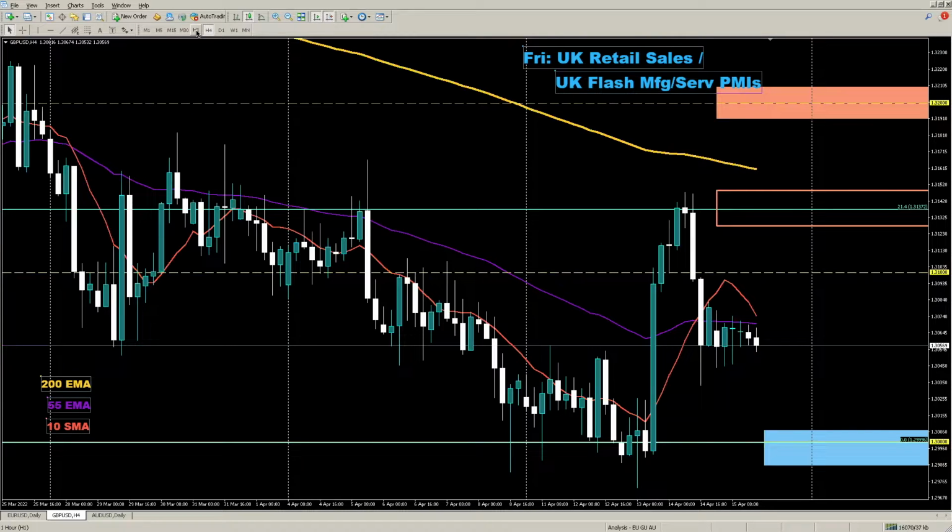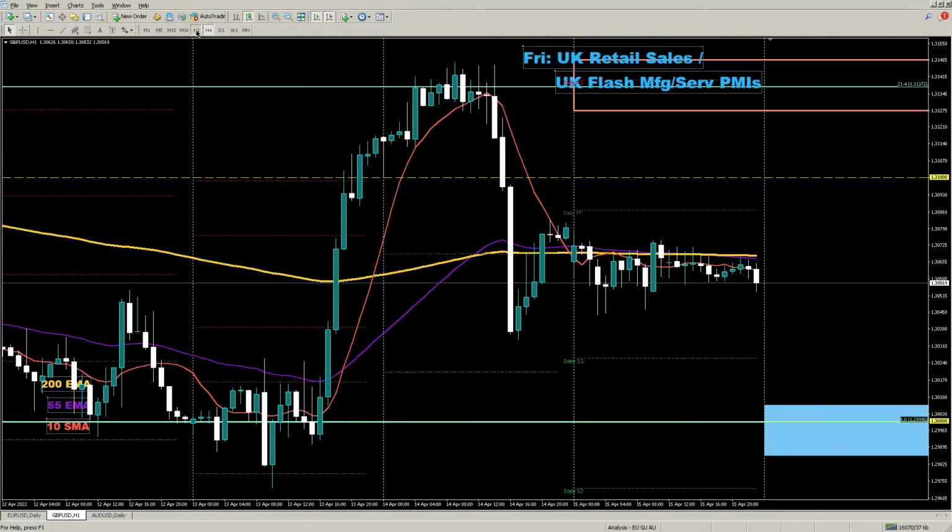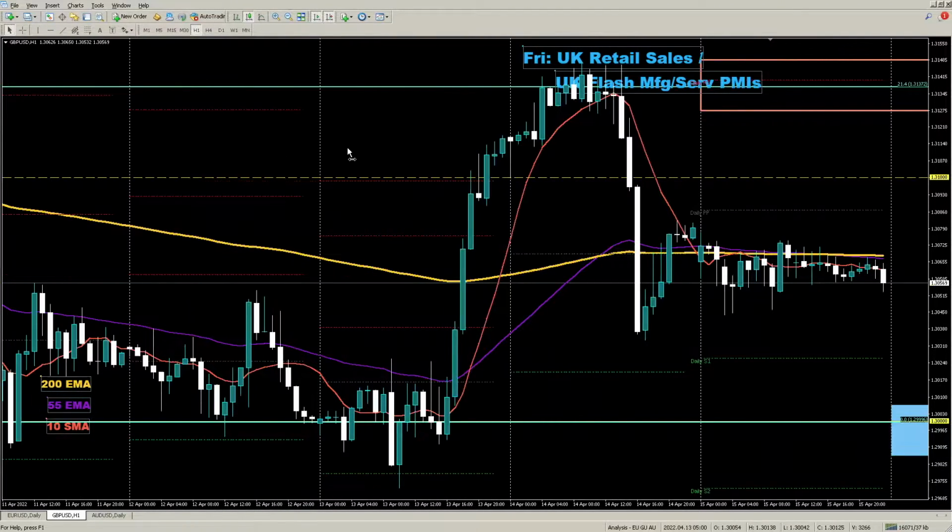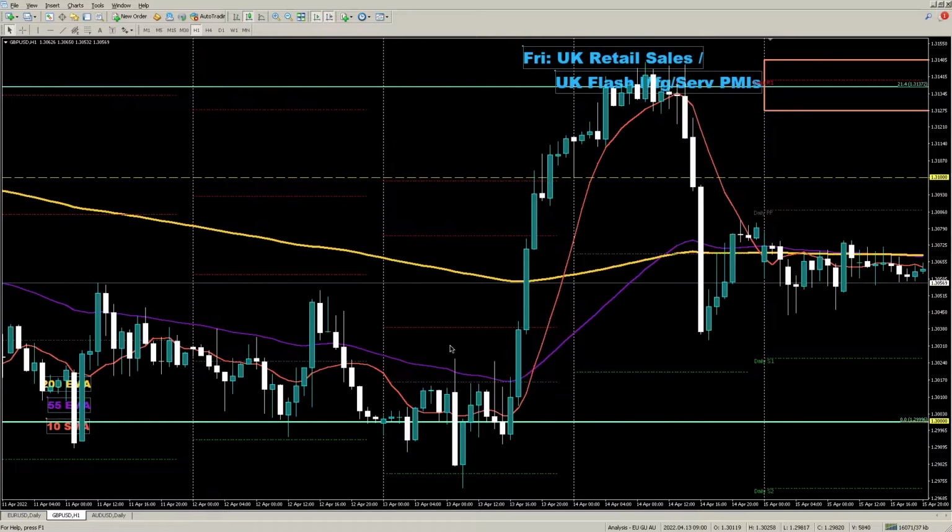And take note of this on the 1-hour time frame. This was a Tuesday. It attempted to move up higher, but then retreated lower.